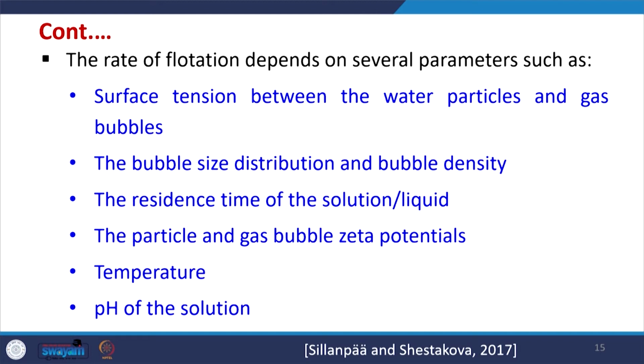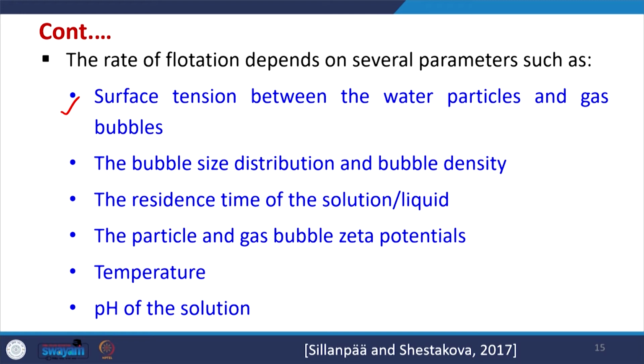Now, the rate of flotation depends upon several parameters. These parameters are like surface tension between the water particle and the gas bubble. This is very important, what is the surface tension between the water particles and the gas bubble. Depending upon that these gas bubbles will go up.